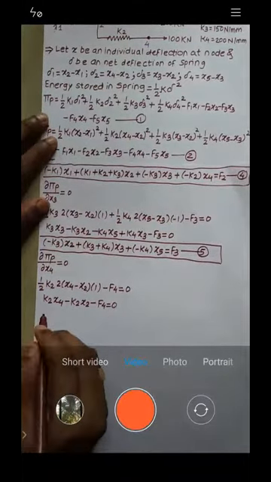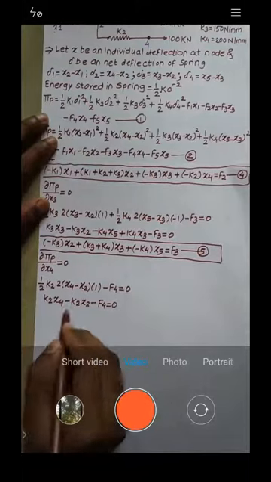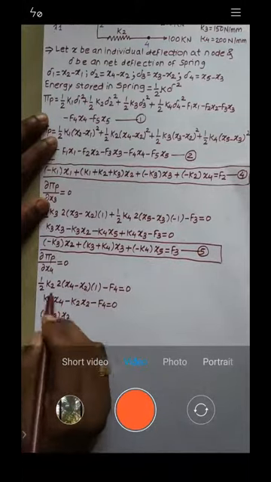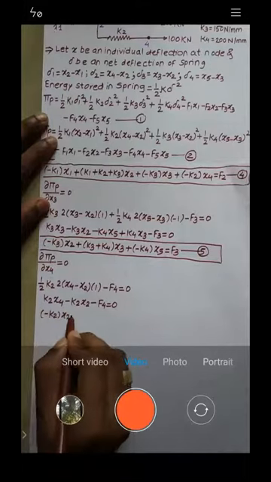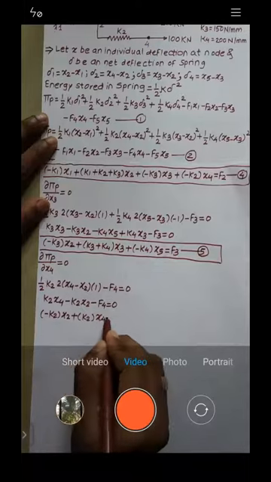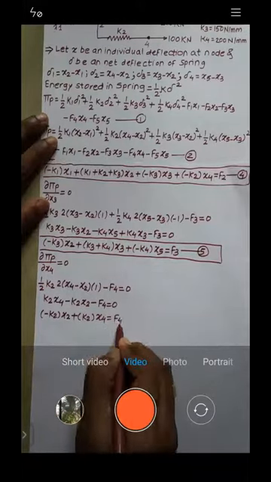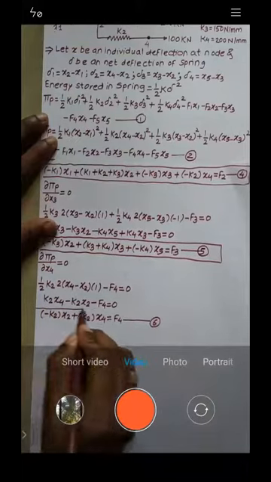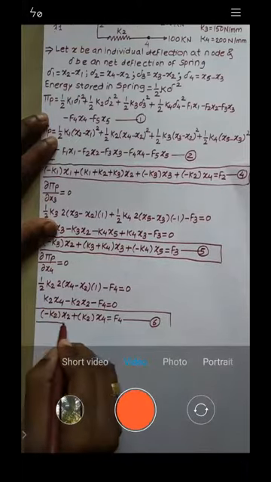So what you get? This is the coefficient of x2, that is minus k2 x2. This is the coefficient of x4, that is plus k2 into x4 is equal to f4. So let's call this equation number 6.